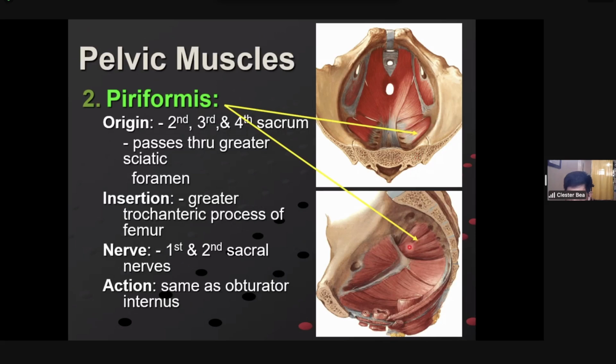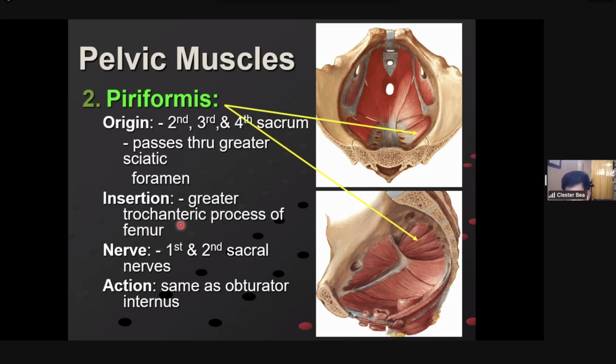This muscle is wide at its point of origin, but as it goes distally near the point of insertion, it tapers to a narrower size, and it exits via the greater sciatic foramen. Earlier, the obturator internus exited via the lesser sciatic foramen. This time the piriformis goes out through the greater sciatic foramen, and it will insert to the greater trochanter of the femur.